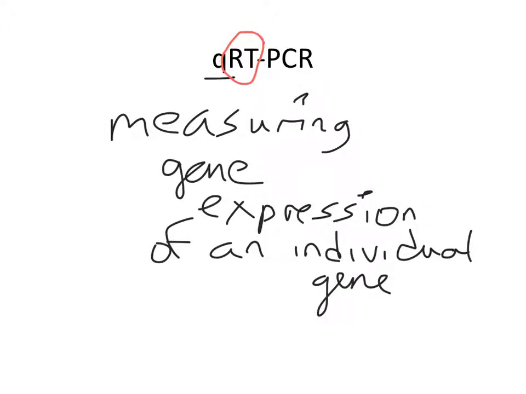So if you wanted to compare pre-amputation, post-amputation planaria, if you've got one specific gene, you want to know how the amount of transcription changes from before amputation to after amputation, you can target that one specific gene and find out if it's changing in its expression, for example, when anterior regeneration starts or when posterior regeneration starts.